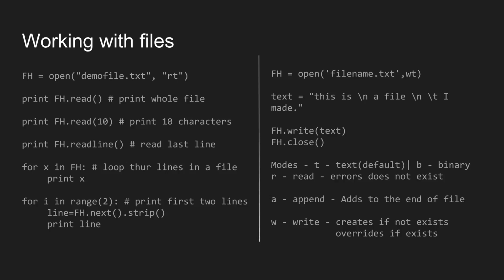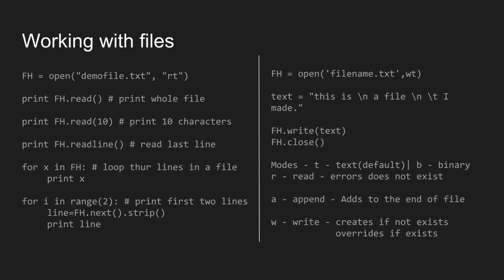So we're going to create a file handle, and normally I call it FH for file handle. And I open the file name, and then there are a couple of options here. There are different modes.